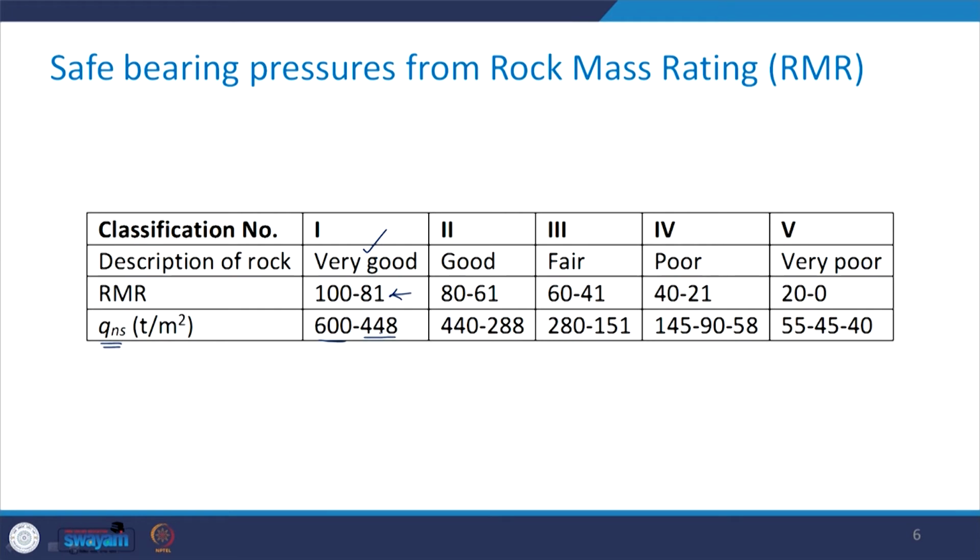Likewise, if you have good or fair, poor or very poor rock mass quality based upon their respective values of the rock mass rating, you can pick the appropriate value of this QNS in ton per meter square from the last row of this table. So, this is how you can obtain the safe bearing pressures from the rock mass rating.